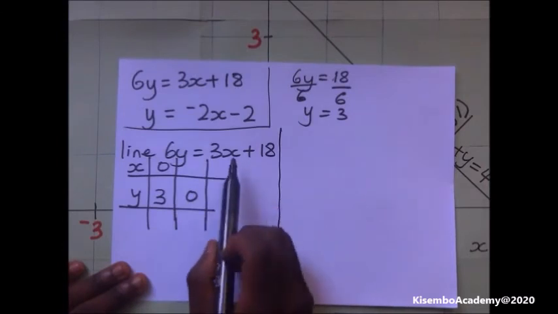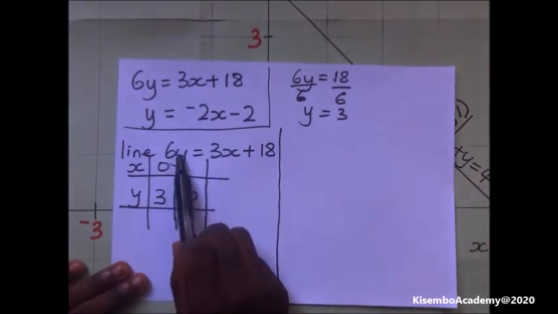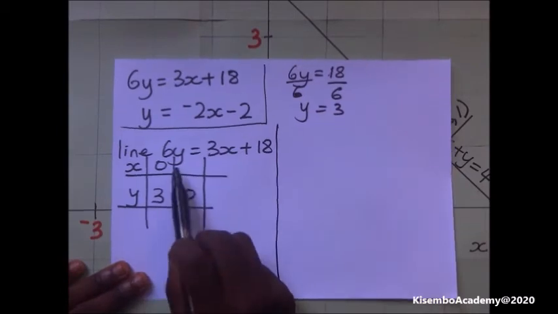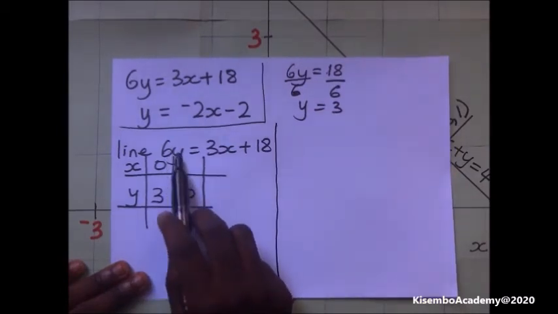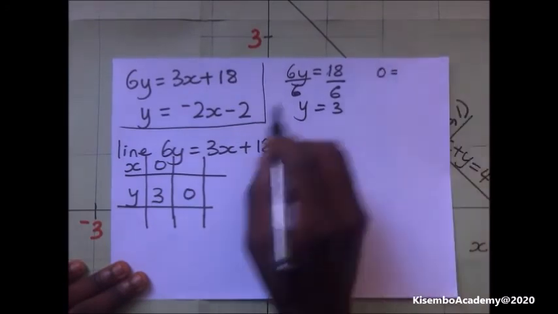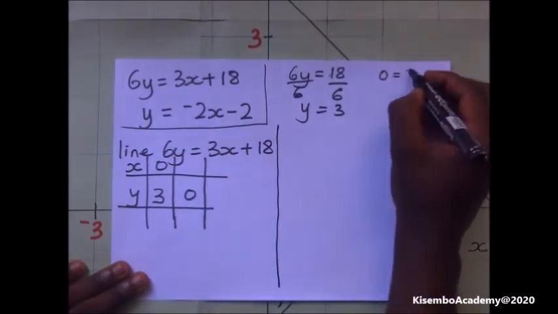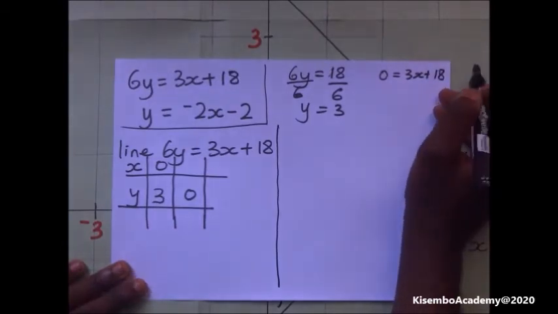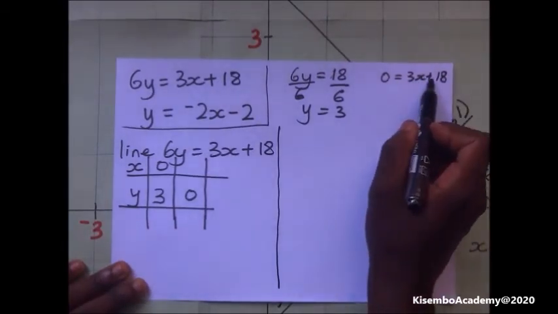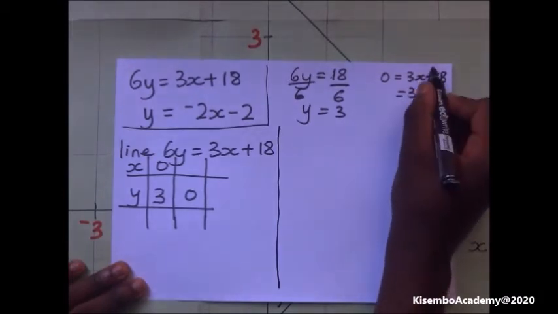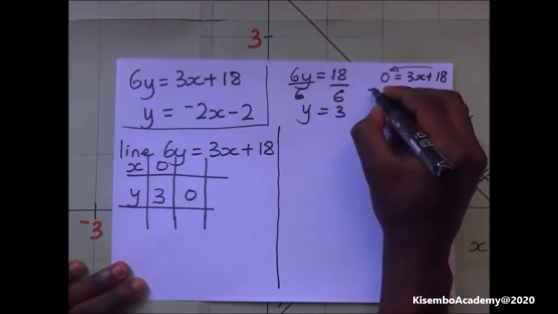Likewise, if y is 0, what is x? So when y is 0, we substitute. 6 times 0 is 0, so we shall have 0 is equal to 3x plus 18. When this 18 moves across, it becomes negative 18, so 3x is equal to negative 18.